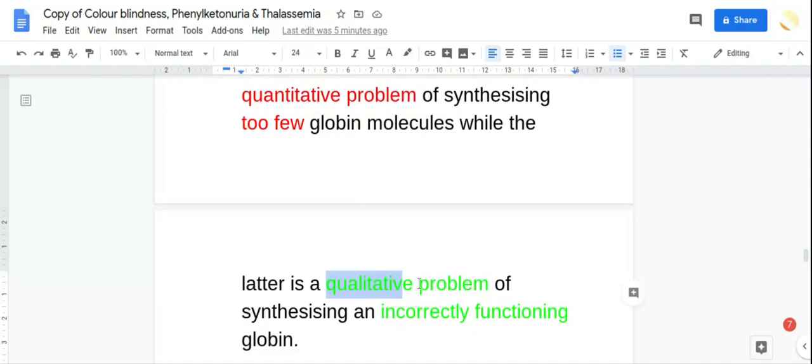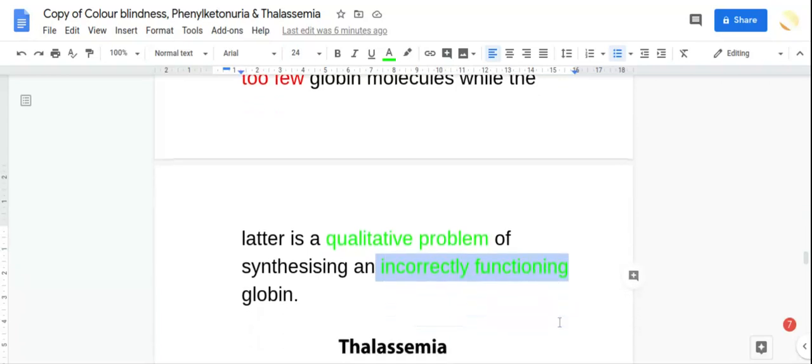Whereas sickle cell anemia is a qualitative problem where it is not with numbers but incorrectly functioning globin proteins. Okay, so defective protein, not too less, but more the qualitative aspect of the protein gets bad. This is to be remembered.